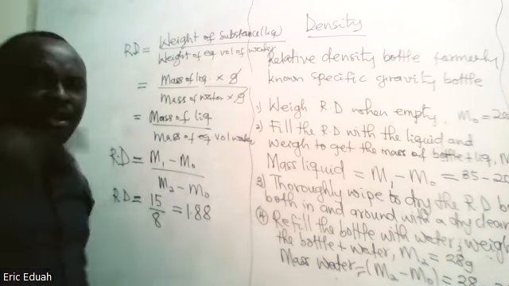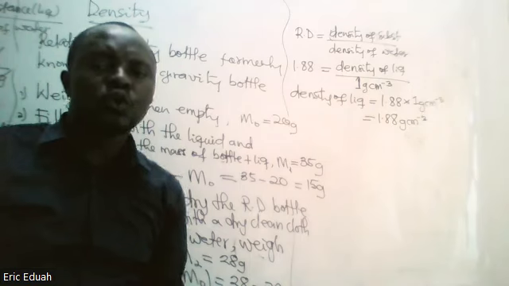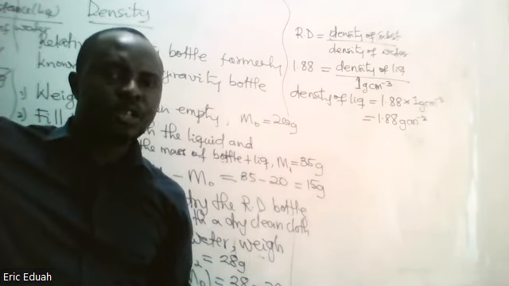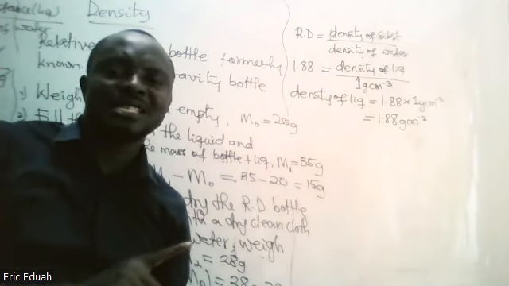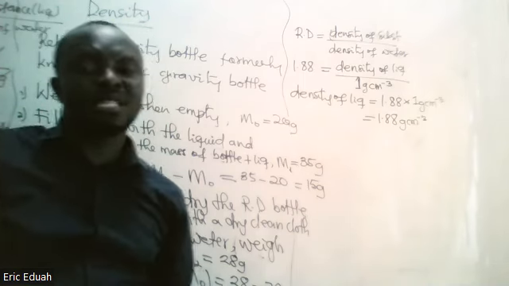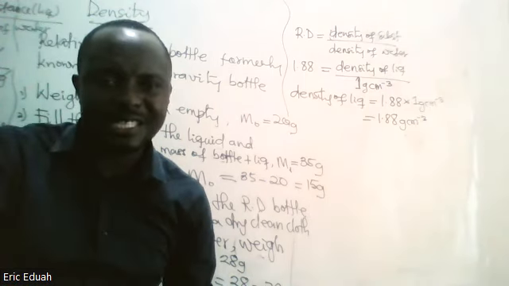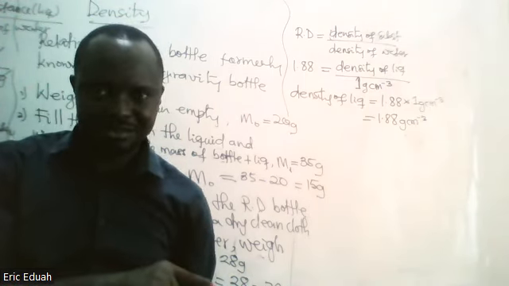So this becomes the density of the substance we were measuring in the relative density bottle. So the moment you calculate the RD, the relative density of the liquid, you automatically have the density of the substance.